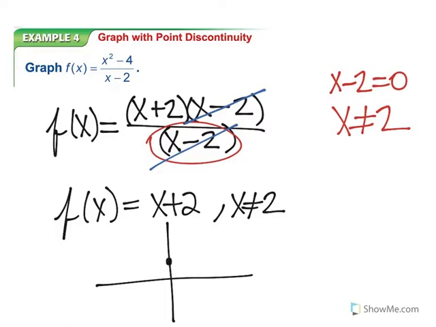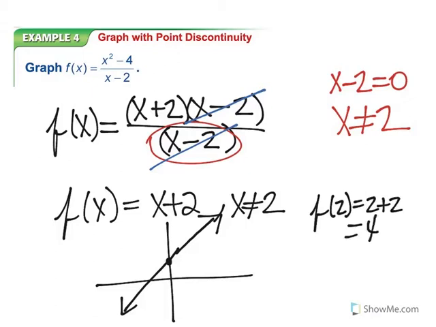So we have our y-intercept, and we draw our line. So this is x plus 2. And then wherever x is 2, if we plug this in, f of 2 is equal to 2 plus 2, which is 4. That means we're actually going to have a hole here at 4.